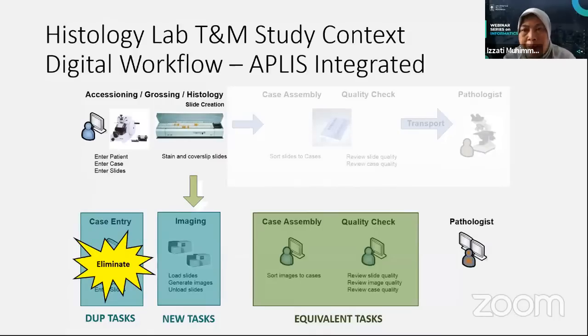In developing such a system, we have close collaboration with the Ministry of Health, but at the level of the city, the Dinkes kabupaten, the district office.